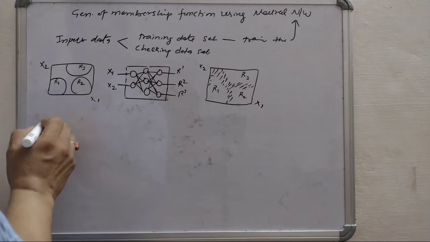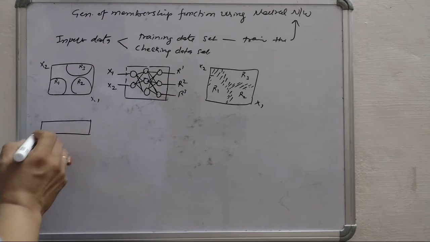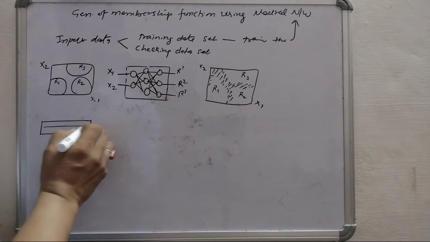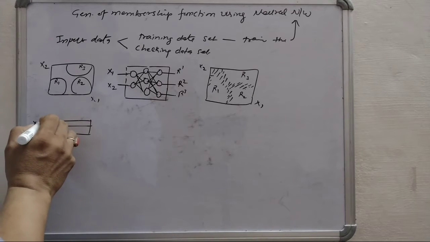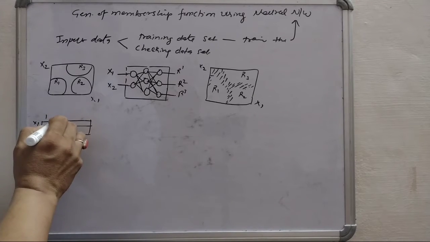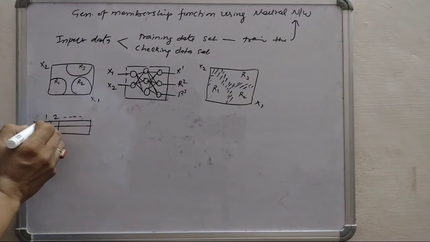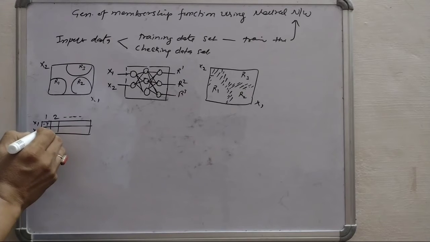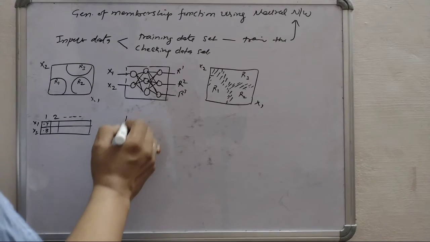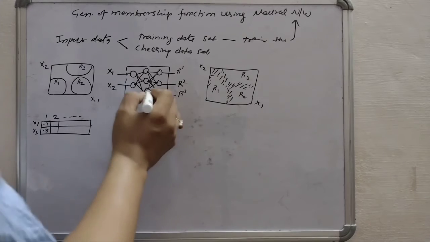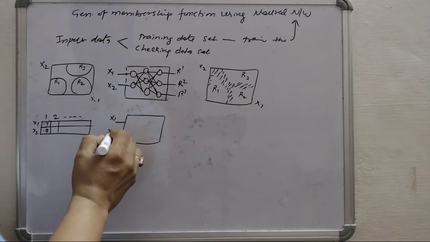Now what we will do is take the training data set one by one. Suppose this is X1 and this is X2, and this is the first data, then the second data, and so on. Suppose the first data is 0.7 and 0.8. So we represent this box by this neural network with inputs X1 and X2.